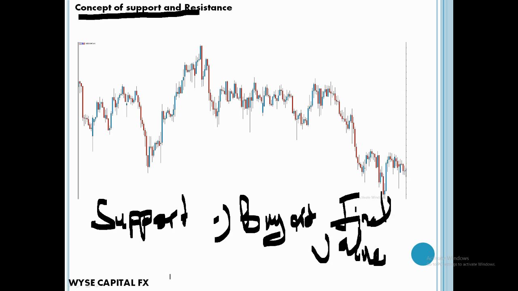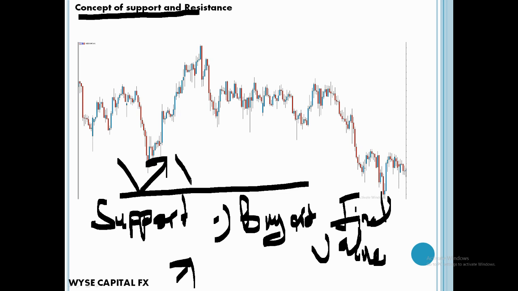So if buyers find value, it simply means that they'll be interested in placing orders at that particular area, or price will most of the time come to that zone and be pushed back up. So it will come up there and be pushed back up. It comes again and it's pushed back up. So when you find a level that is behaving that way, that is what we call a support area.